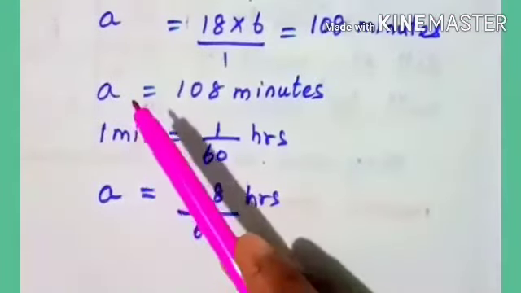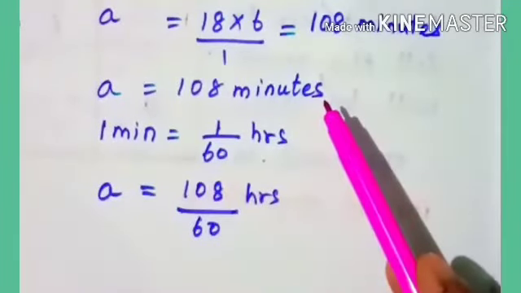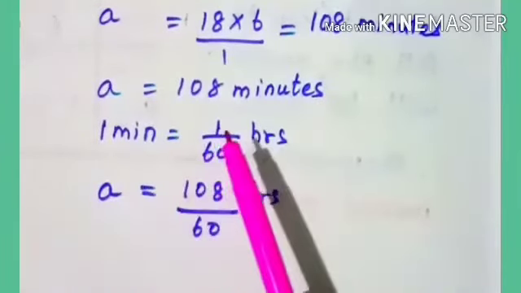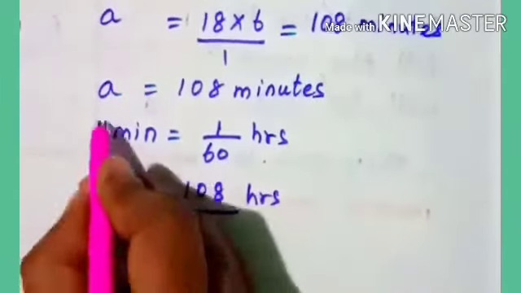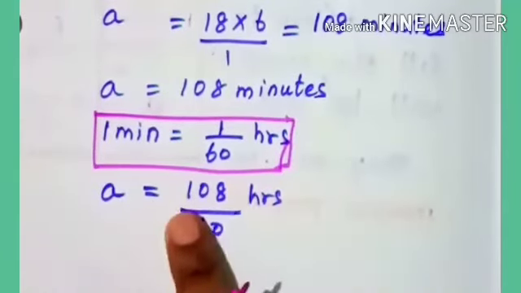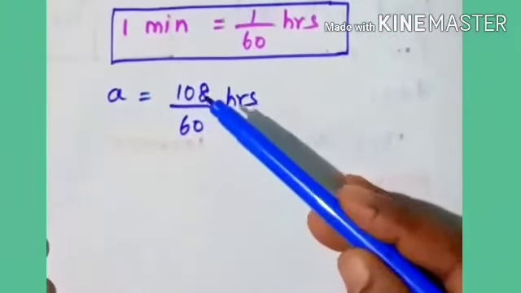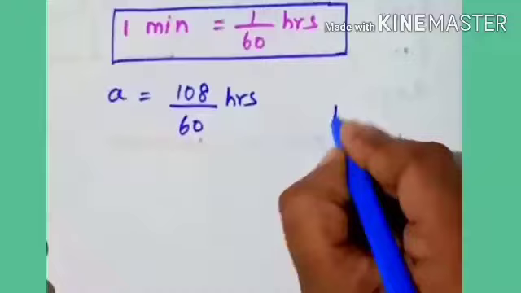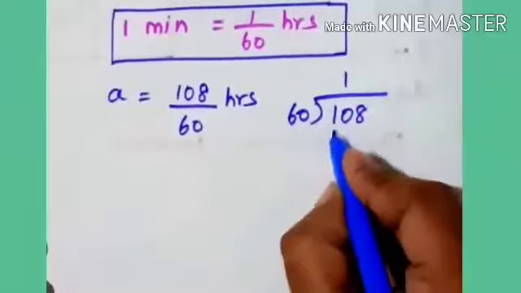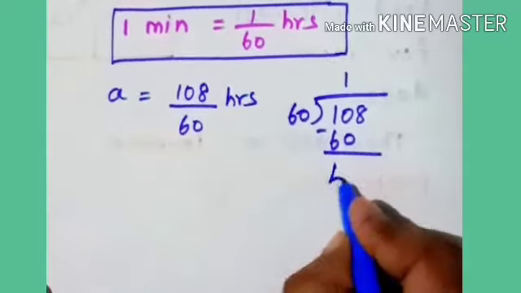Now students, A, the time taken to fill the sump, is 108 minutes. So now we can convert this into hours by using 1 minute is equal to 1 by 60 hours. That is, A is equal to 108 by 60 hours. Students, let us divide 108 by 60. Here 1 times 60 is 60. 108 minus 60 is 48.